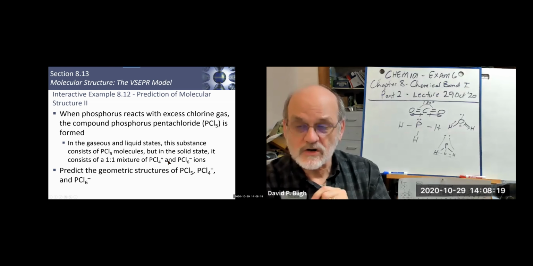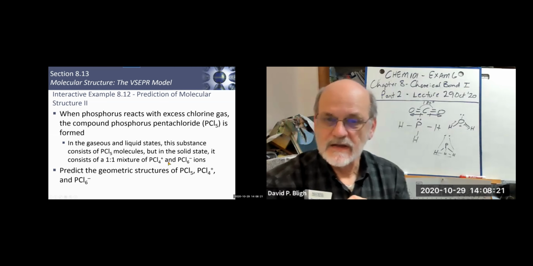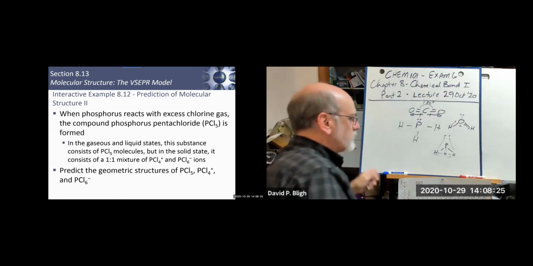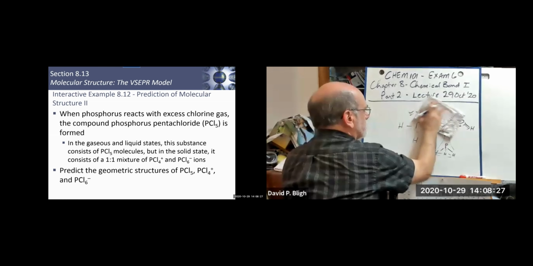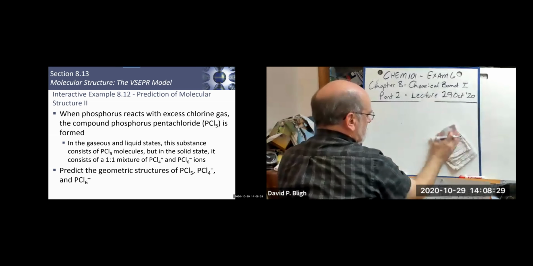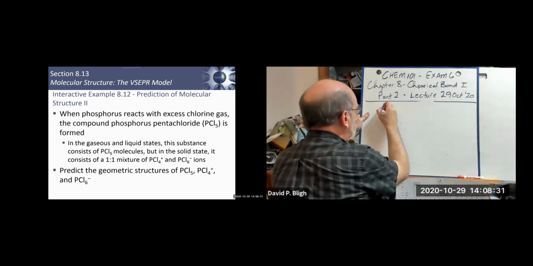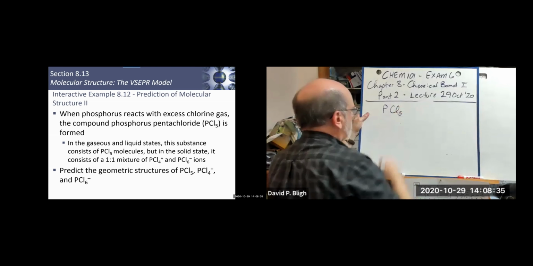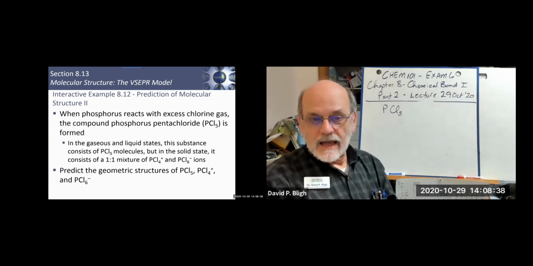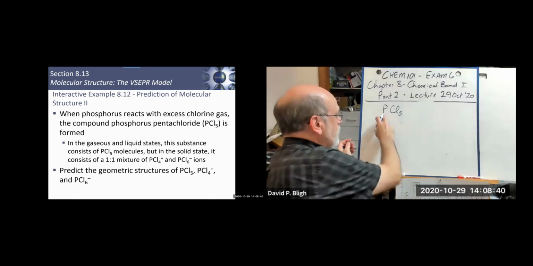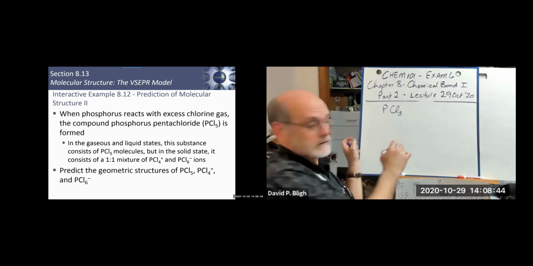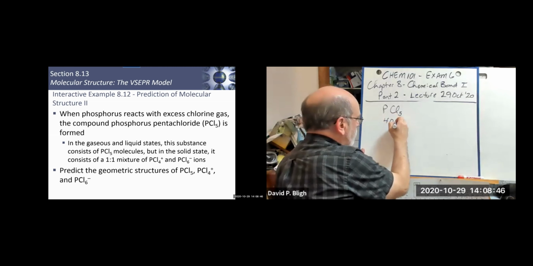What happens to the structure? So with phosphorus pentachloride, we will draw the Lewis dot structure. And we'll count up the electrons. Phosphorus is 5 and chlorine is 7 each, so that's 35 and 5 is 40. 40 electrons.